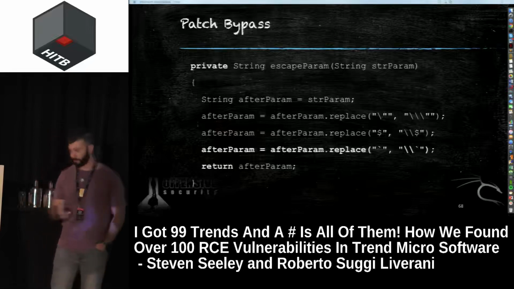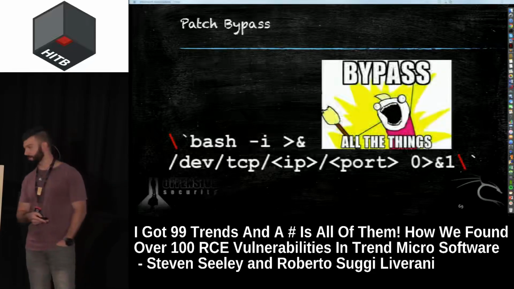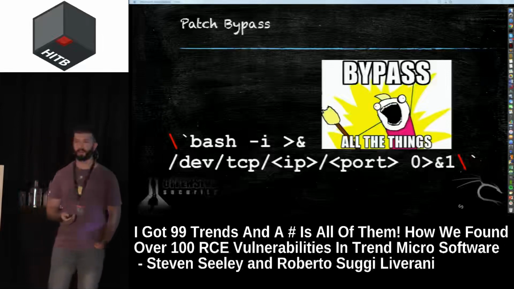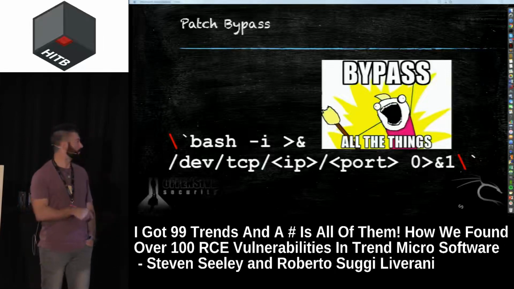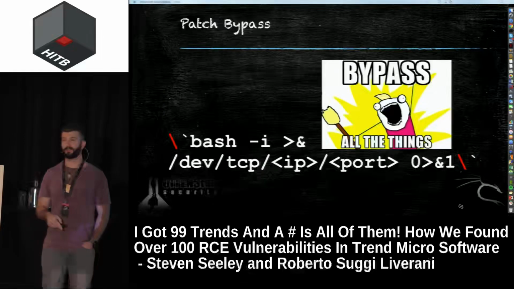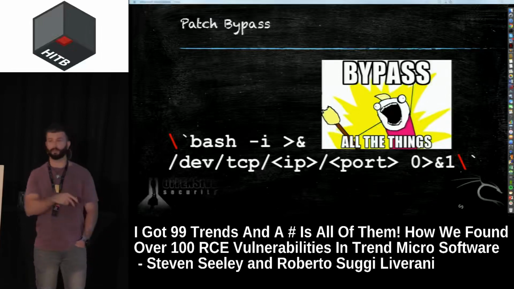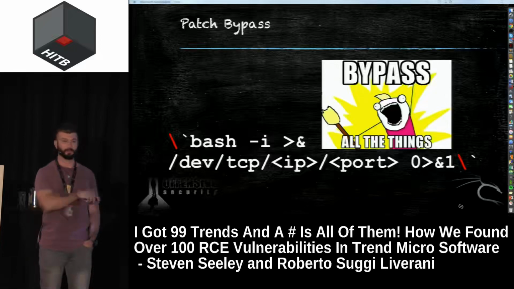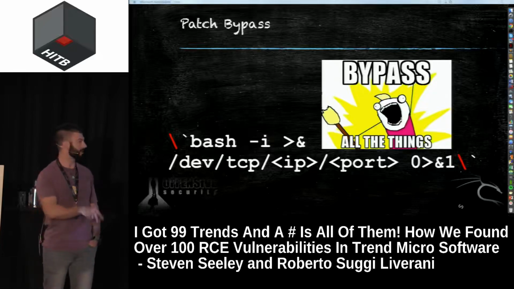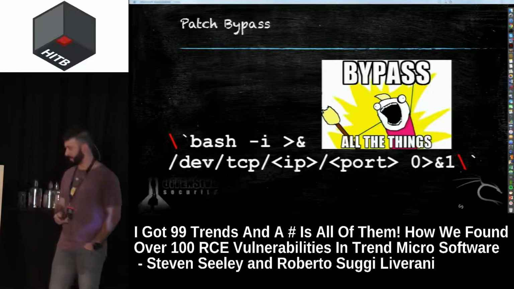It was kind of just a blacklist. It's pretty simple. I could just escape their escape, and then still do my backtick fun and execute commands as root. It was kind of embarrassing, I guess, for Trend Micro.